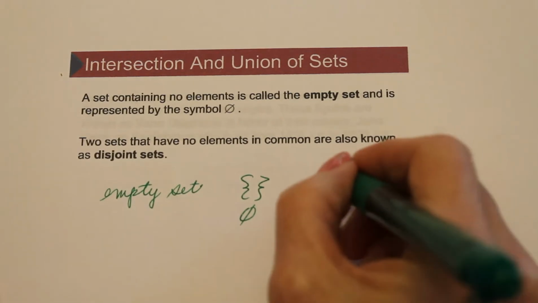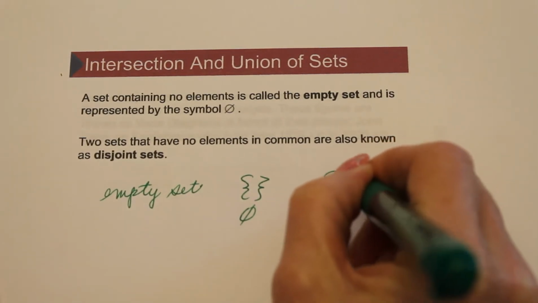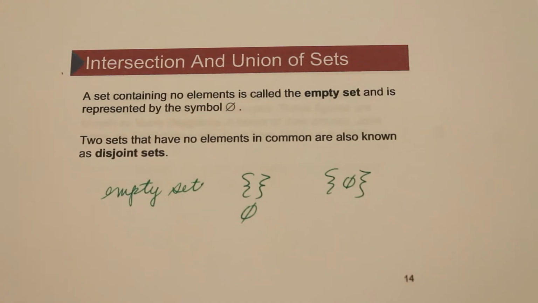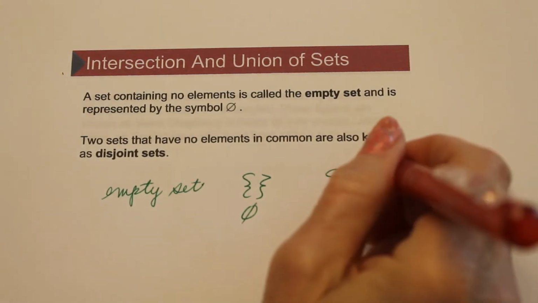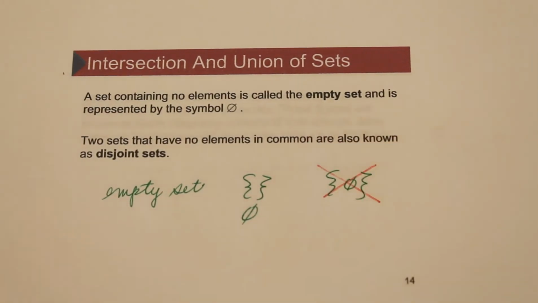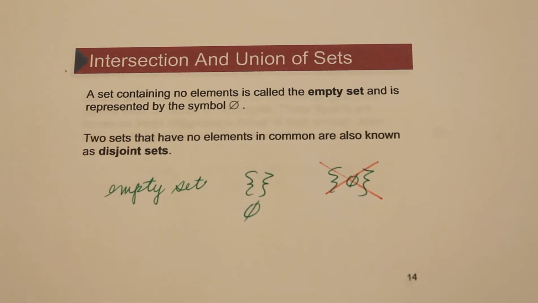Do not do this, though. That is not correct. That is not the empty set. That is a set that has one element. So that is not correct. And if two sets have no elements in common, they're called disjoint.